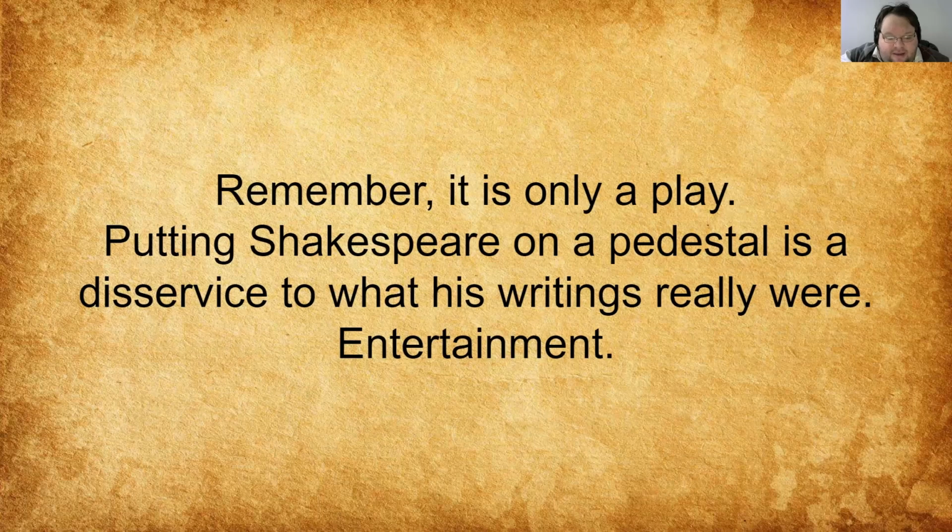So again, use the tools I've given you to break down the language, and then find how you as an actor connect with these characters so we can bring these phenomenal stories to our audiences. So yeah, just remember, it's only a play.